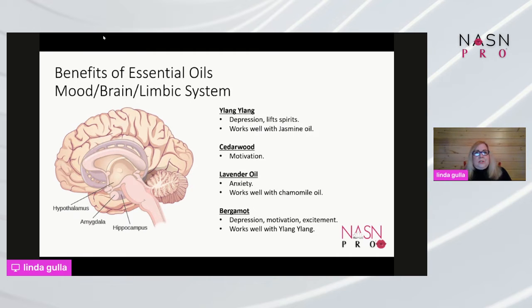And lavender oil, which many of us have heard of, works with anxiety and also works well with chamomile oil, which is calming not only to the skin, but also calming internally and works with our limbic system. Bergamot works with depression, motivation, and excitement, as well as works well together with ylang. So these are essential oils that can actually help with your mood and relaxation and calming, and they work with your limbic system.